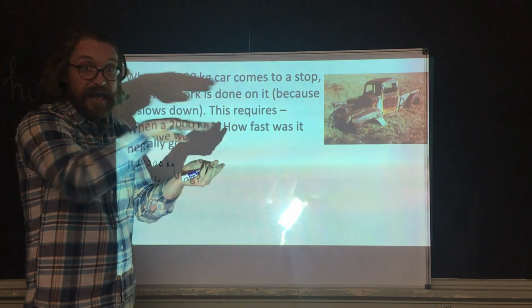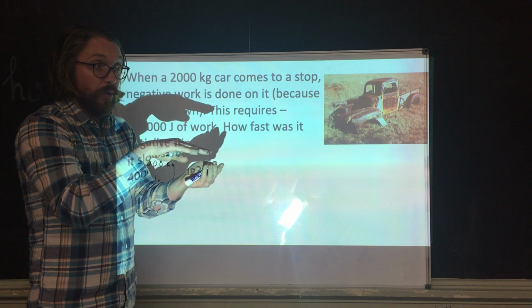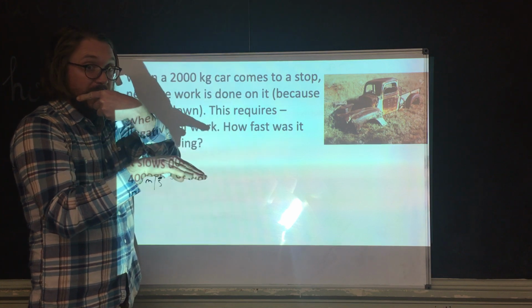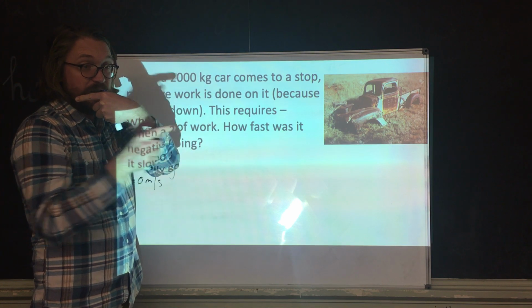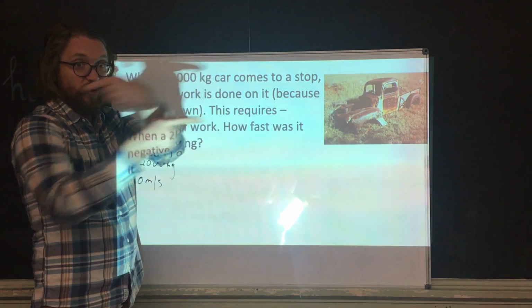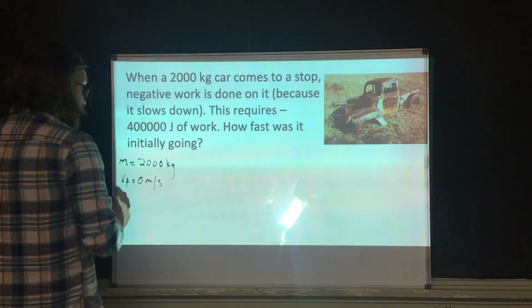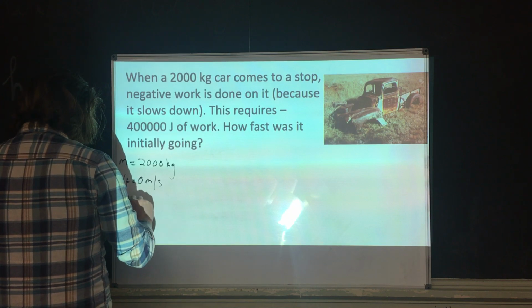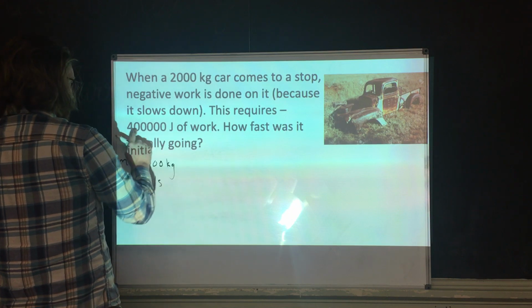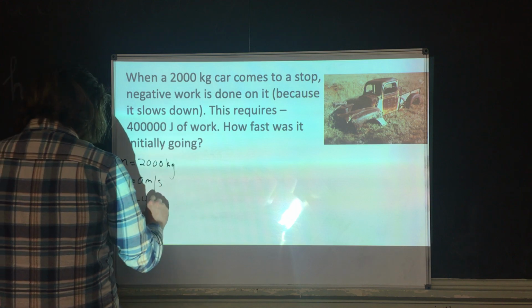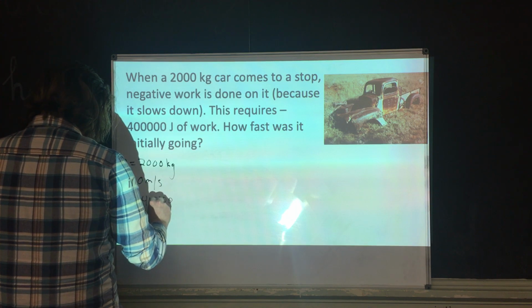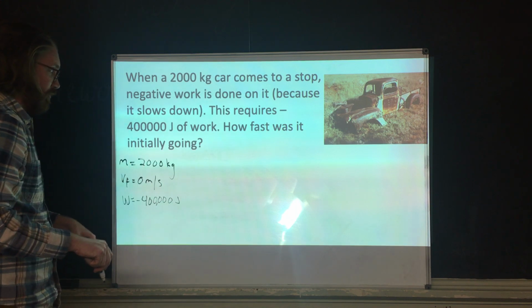The tires are rubbing against the road. Which way does friction point? Backwards. Which way am I still moving? Forwards. The force is going in the opposite direction, so it's negative. So the work being done here is actually negative, and this is a lot of work: 1, 2, 3, 4, 5. This is 400,000 joules, okay?